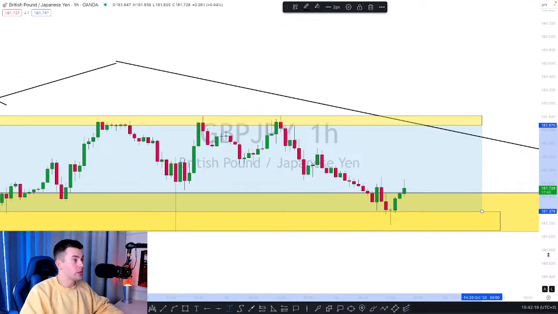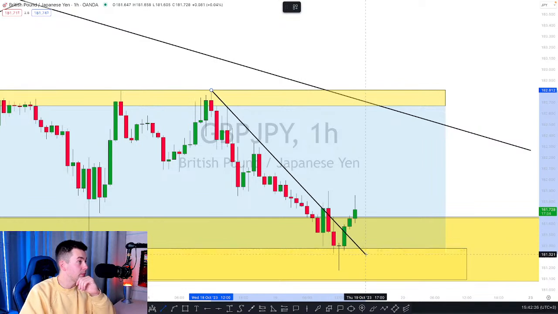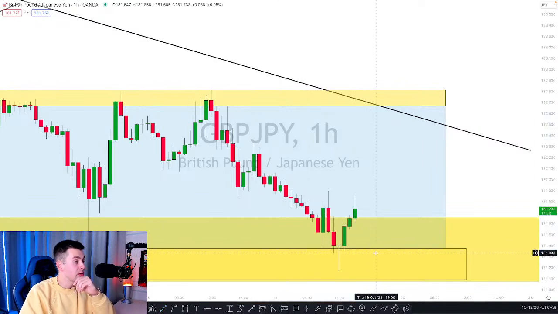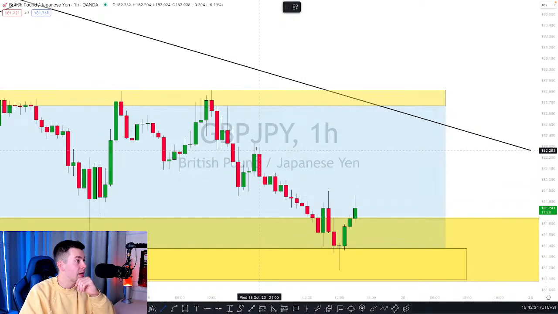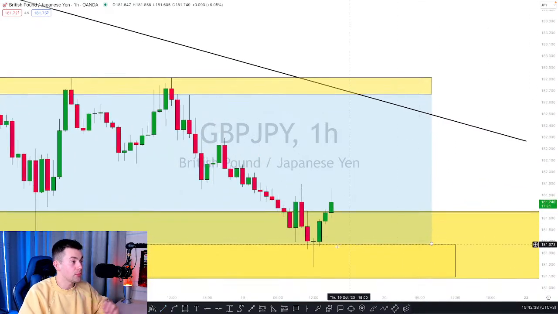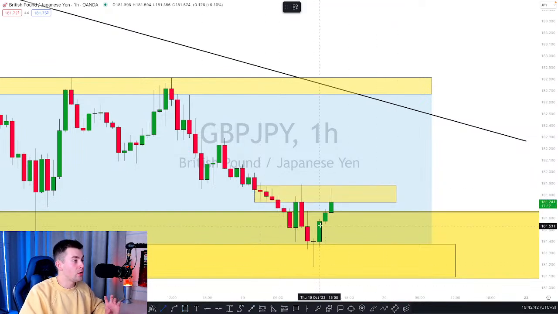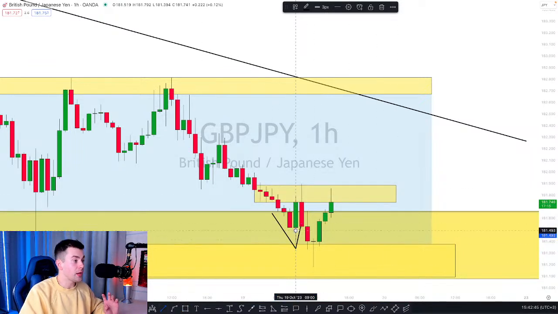Then if we check the hourly time frame, let's look for the clues here. For now, traders, we don't have any strong pattern to confirm the initiation of a bullish movement. However, we have a very nice foundation for the inverted head and shoulders pattern.